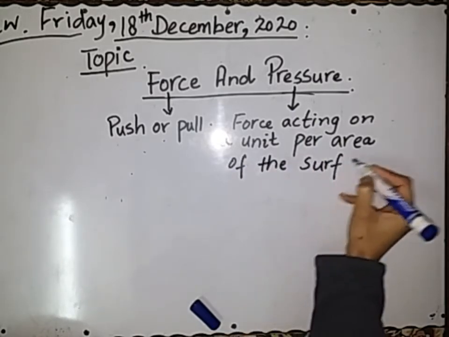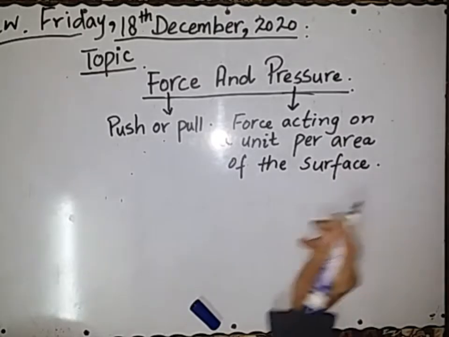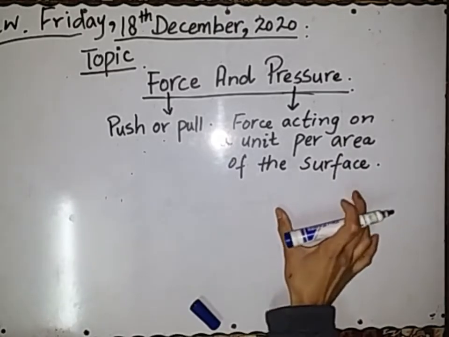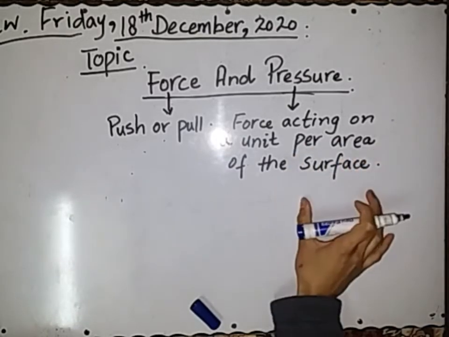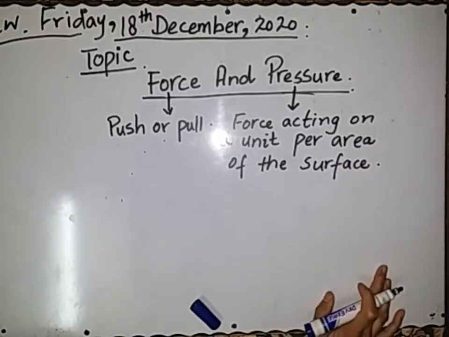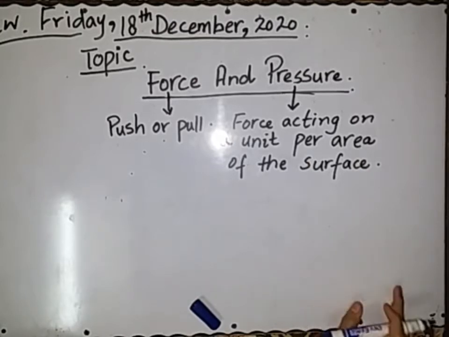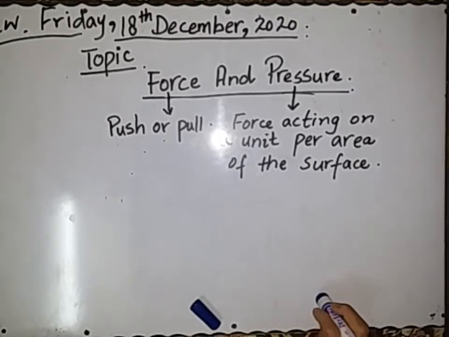That is, pressure is actually the force that is applied on a unit area. When a force is exerted on a surface, we call the force exerted on each unit area of the surface pressure. A force can produce a high or low pressure depending on the area over which the force is exerted.